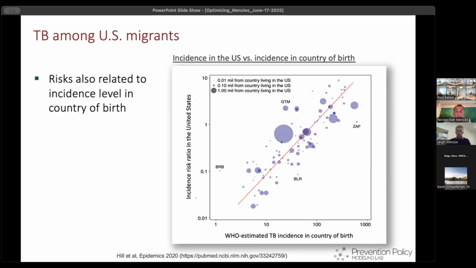For those who need to fly to the United States, it is much harder for there to be that kind of economic migration, and so a lot of the Central American and South American countries show up on this side of the line. I think that's partially influenced by these mechanisms, that the people traveling from those countries to the United States are coming from parts of the population with just higher TB burden.